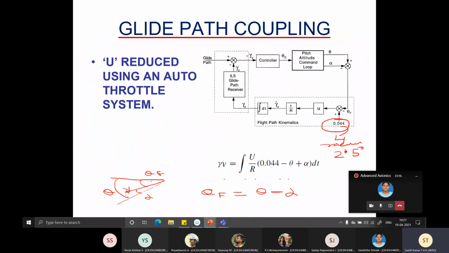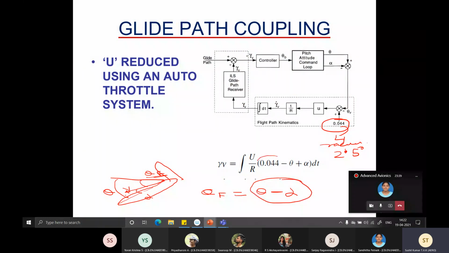So that becomes the flight path angle, and the body axis is like this. The aircraft is something like this, so the velocity vector is like that, and you have an alpha. So theta f is nothing but theta minus alpha. So you substitute it in the main equation along with the theta b value.